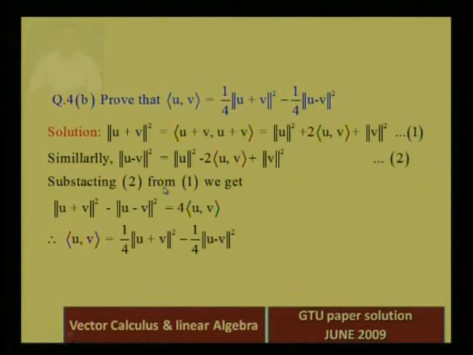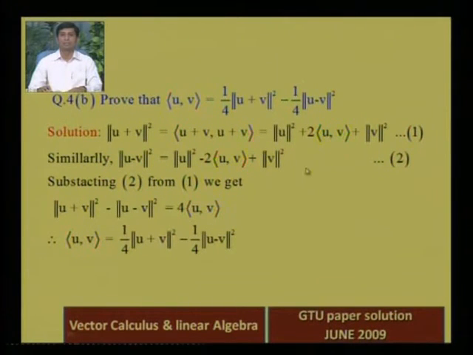So subtracting the second from the first, norm of u plus v squared minus norm of u minus v squared is equal to, when we take 1 minus 2, norm u squared cancels out, right? Norm v squared also cancels out. So we just get 2 inner product uv plus 2 inner product uv, so we get 4 inner product uv, right?